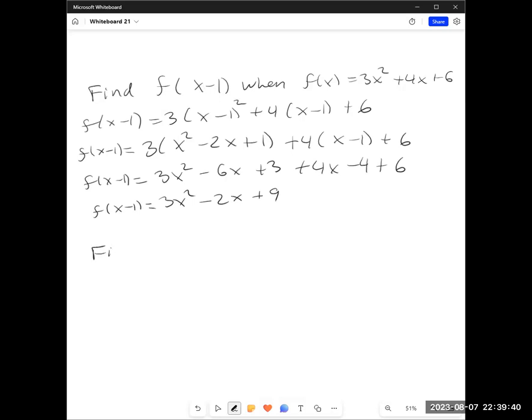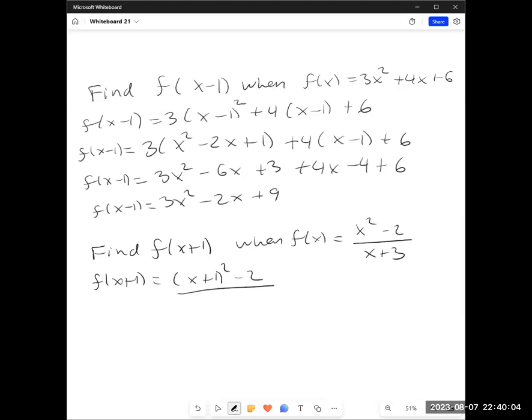We're going to find f of x plus 1 when f of x is equal to x squared minus 2 over x plus 3. So f of x plus 1 is going to be the quantity x plus 1 squared minus 2 over x plus 1 plus 3.